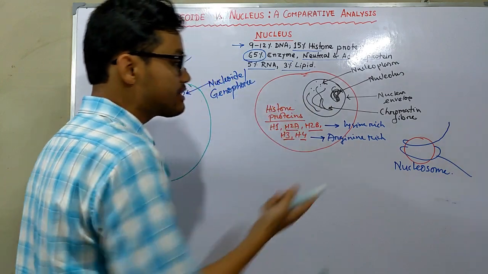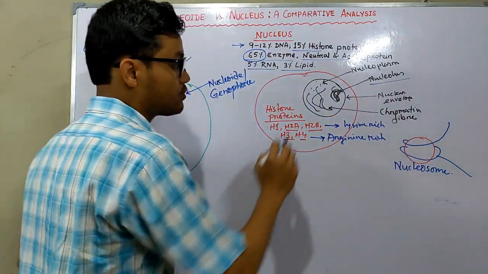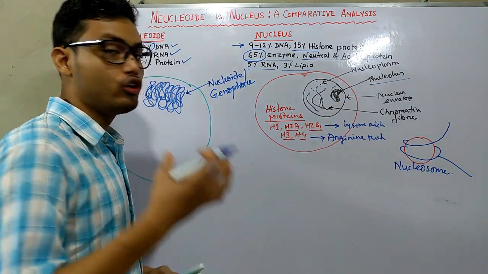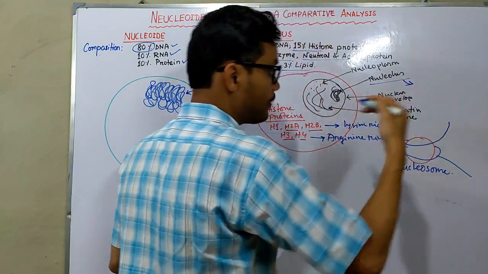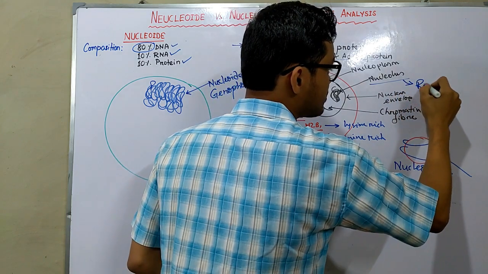Okay. Next thing is the nucleolus. So what is a nucleolus? Nucleolus is a region where DNA is also compacted, and the major function of nucleolus is ribosome biogenesis.